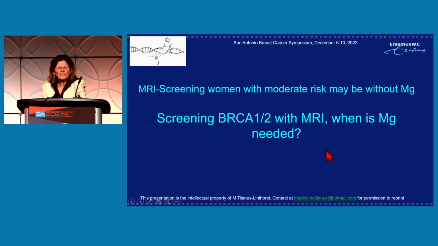So if you might be able to offer MRI screening without mammography for women with moderate risk, then do women with a BRCA mutation always need mammography in addition to MRI screening?